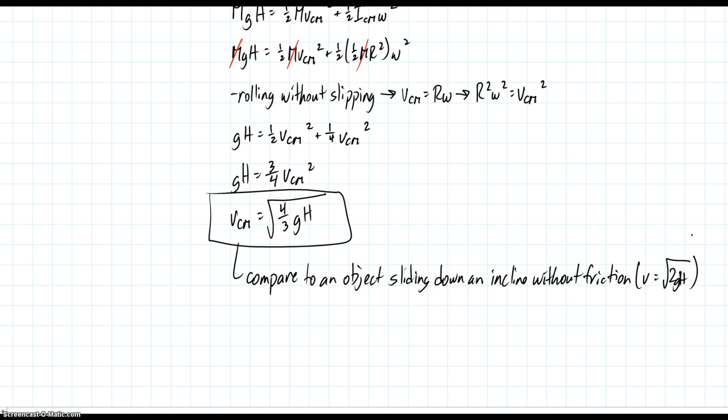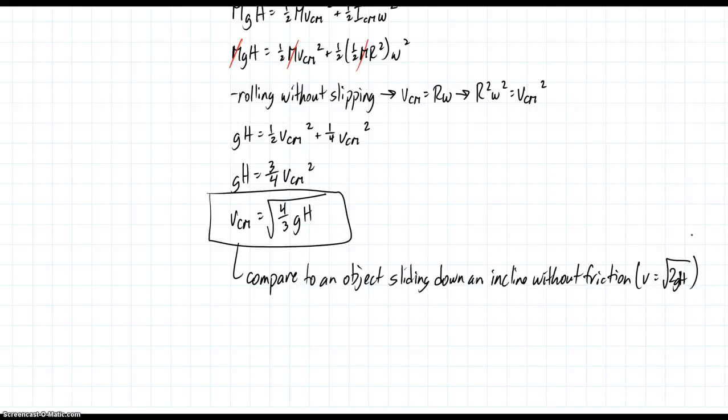Here the cylinder is moving slower at the bottom of the incline than an object sliding down the incline without friction would be. But again, thinking about it from an energy standpoint, if the object is just sliding down the incline without friction, all of the initial gravitational potential energy is being converted into translational kinetic energy.